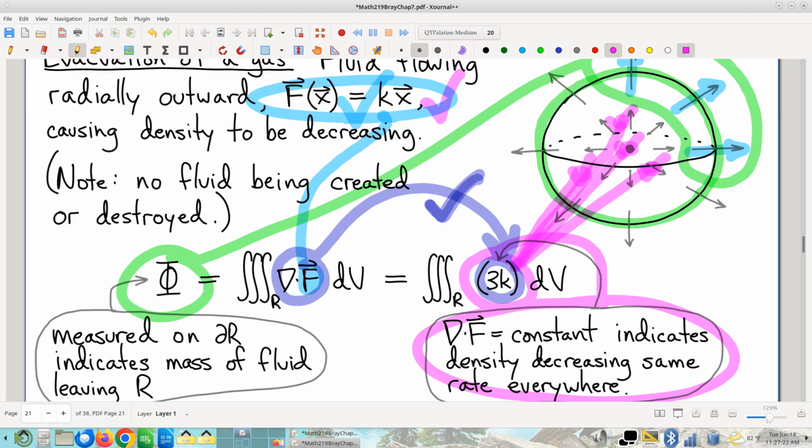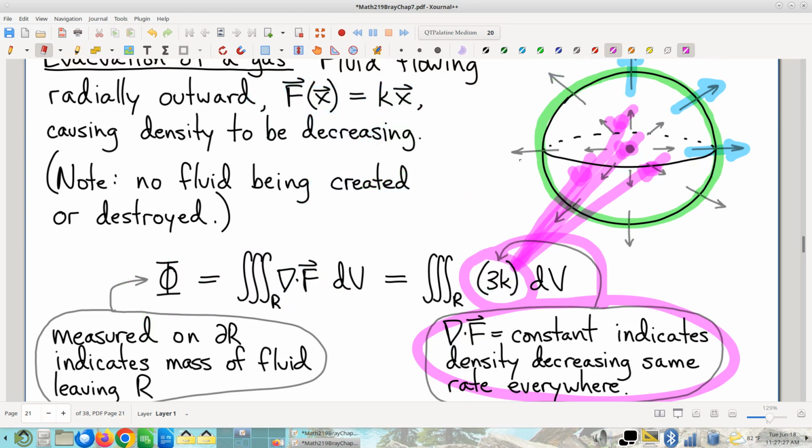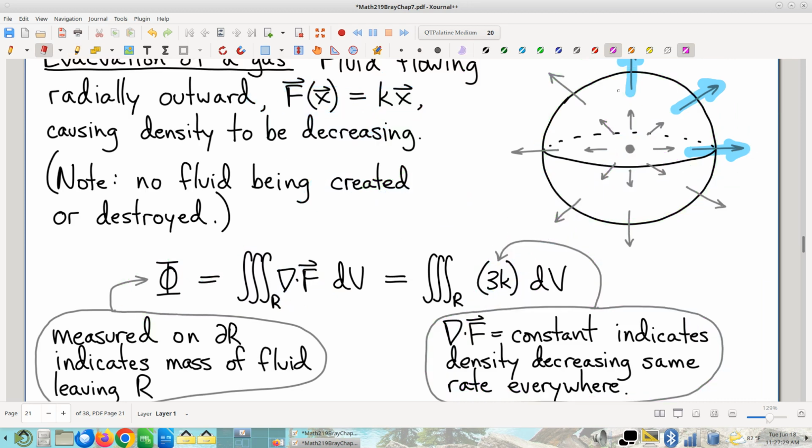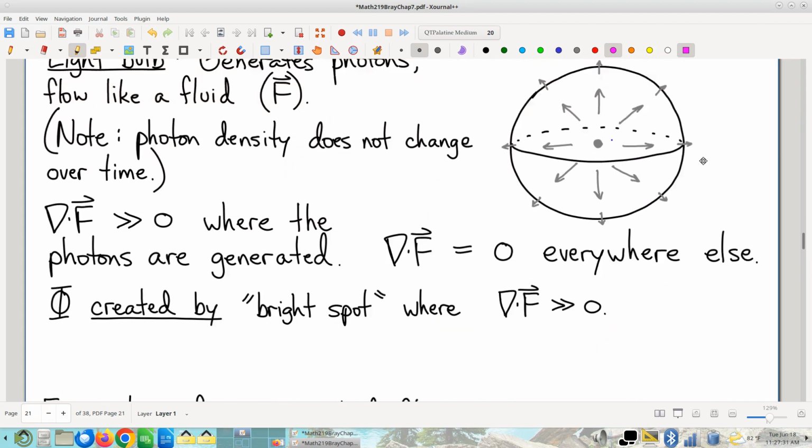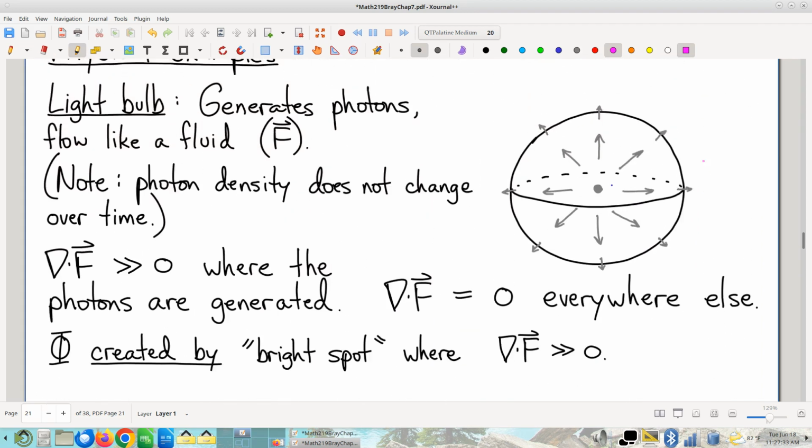So, a different interpretation. Up here, divergence was telling us where the photons are coming from. It's telling us what you might call generation density per unit volume, how much fluid is being generated in this little space, because that was the nature of the fluid we were looking at.